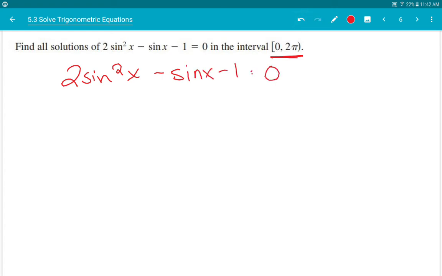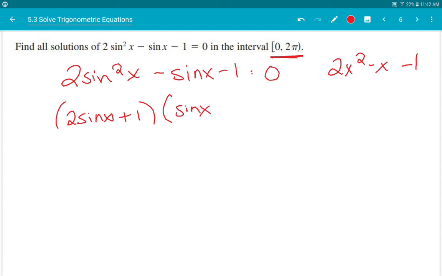When we factor this, I'm going to get 2 sine x plus 1 times sine x minus 1 is equal to 0.